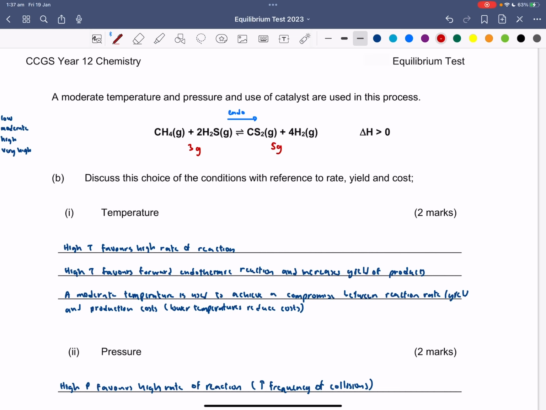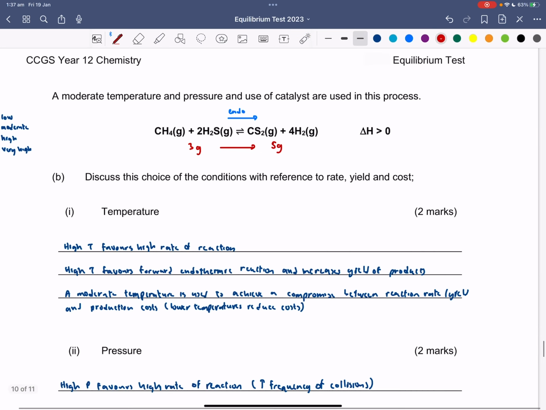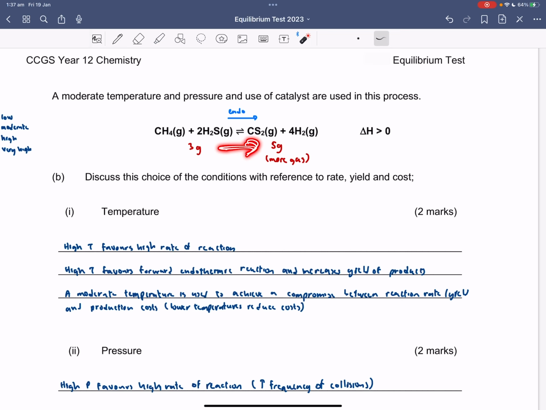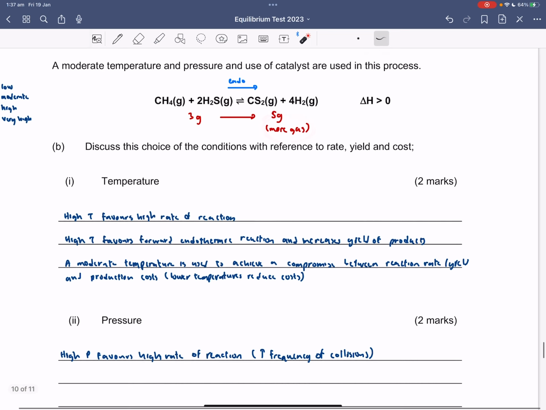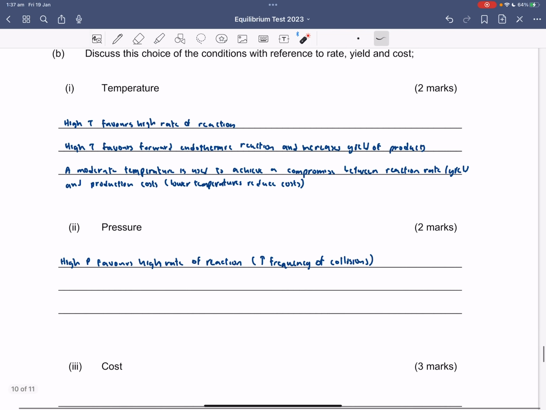How many gases do we have? We have 3 gases on this side, and we have 1 CS2 and 5 gases on that side. So, what we need to understand is what would favor the forward reaction. What would turn 3 gases into 5 gases? This is basically the side with more gas. So the question is, what type of pressure conditions would favor the side with more gas? And the answer is a low pressure.